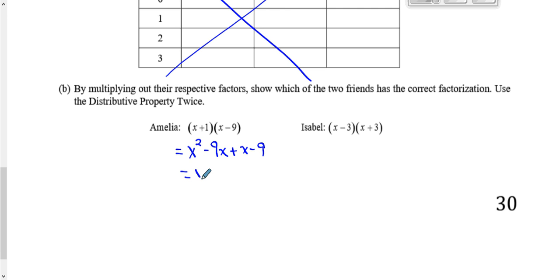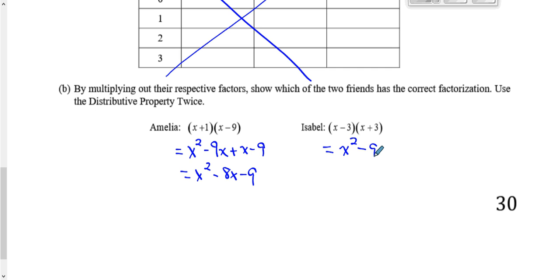Now combine like terms: x squared minus 8x minus 9. Well, that is not x squared minus 9, right? So really, it should be x plus 3 times x minus 3, which distributes to x squared minus 9. Sorry, my brain skipped a beat there.